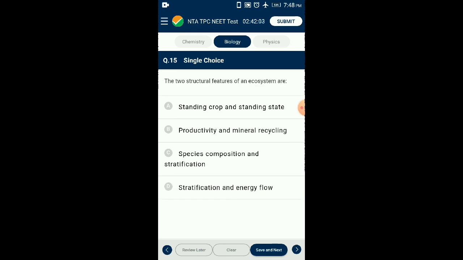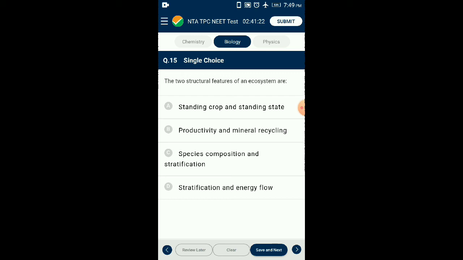Question number 15. The two structural features of an ecosystem are. The interaction of biotic and abiotic components results in a physical structure that is characteristic for each type of ecosystem. The important structural features include species composition. It is the identification and enumeration of animal and plant species of an ecosystem.